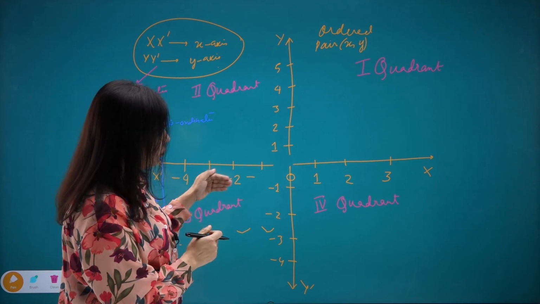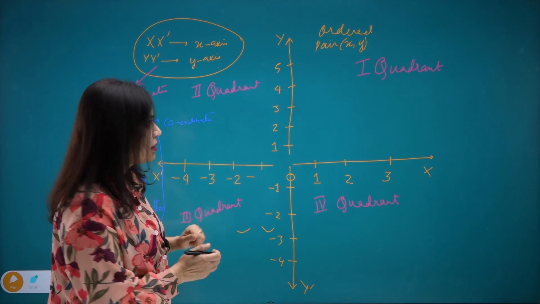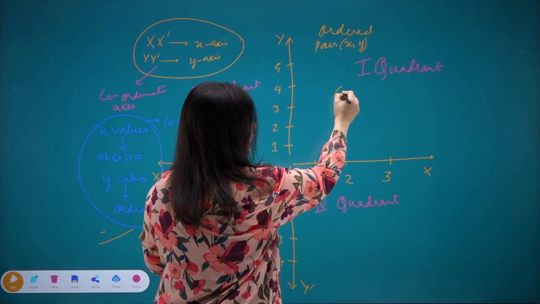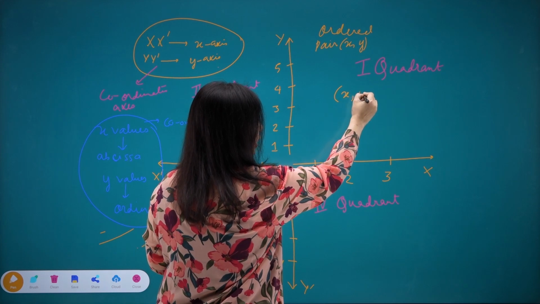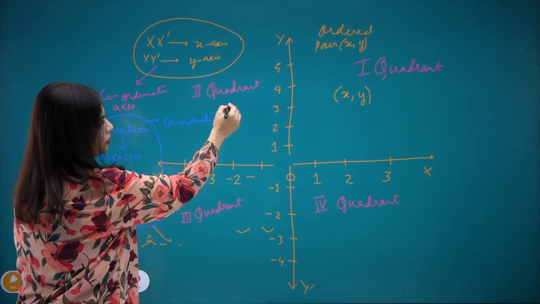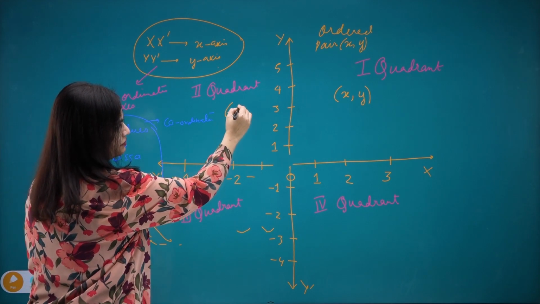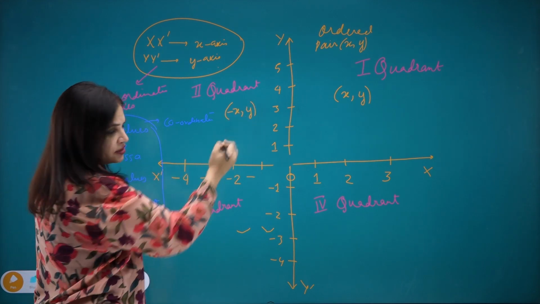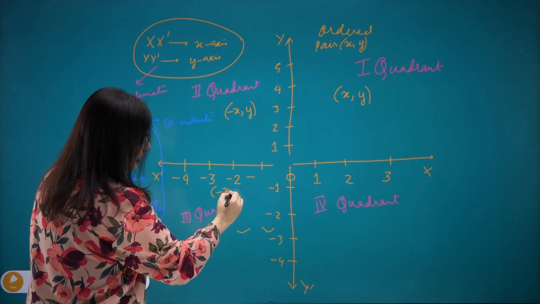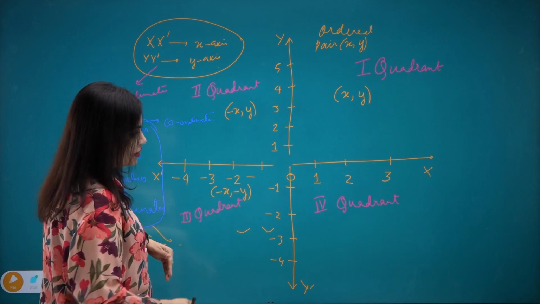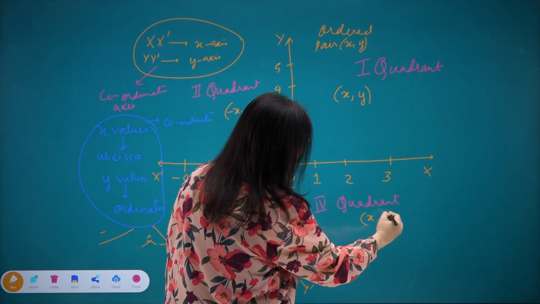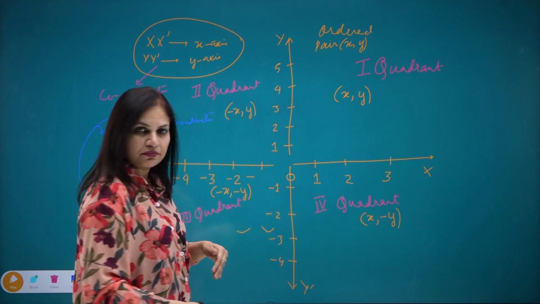So if I go by this ordered pair, then in the first quadrant I will have x positive and y also positive. In the second quadrant, x is negative and y is positive. In the third quadrant, both x and y are negative. In the fourth quadrant, x is positive whereas y is negative.